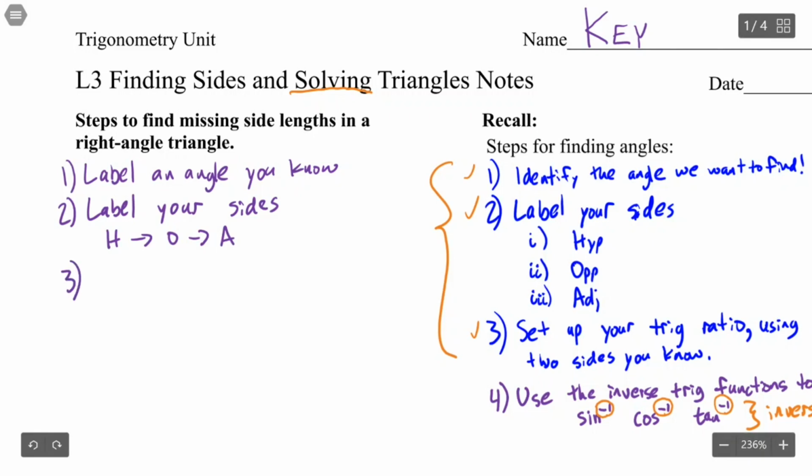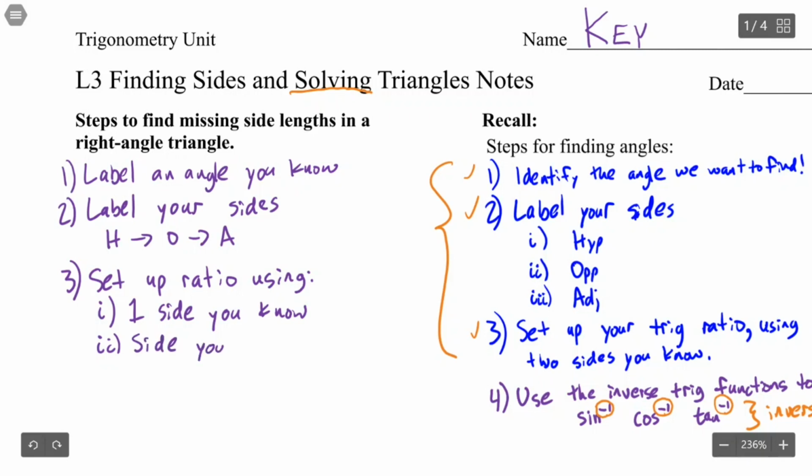Step 3, we are going to set up the ratio using one side you already know and the side you want to find. And sometimes there'll be a choice, particularly when you're solving a triangle, you're going to have two unknown sides possibly. Pick one and set up your ratio that makes sense for that side.